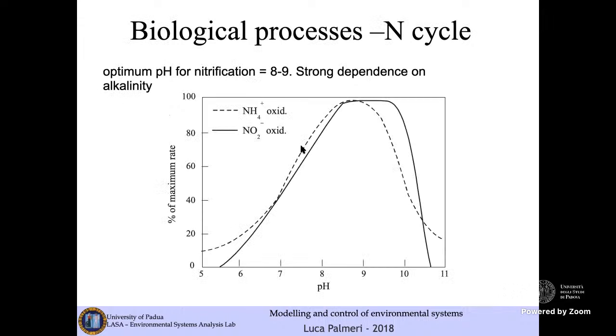There is an important dependence also on the pH for nitrification. So you have an optimum pH value for the nitrification process, in the interval 8 to 9 pH. There is strong dependence on alkalinity.